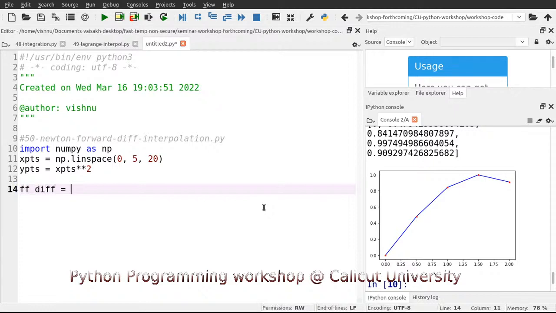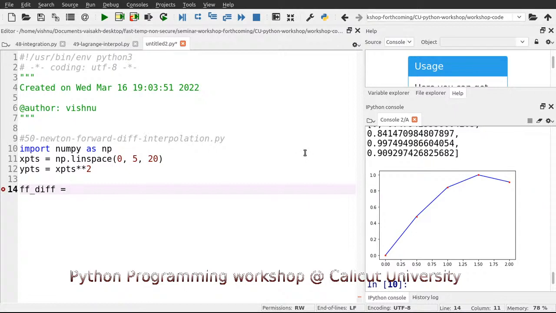How do we compute the first forward difference? We need to take each and every point in y points. We need to start with y1 minus y0. There is a divided difference formula also, that's another thing. y1 minus y0 we need to find. y2 minus y1 we need to find.